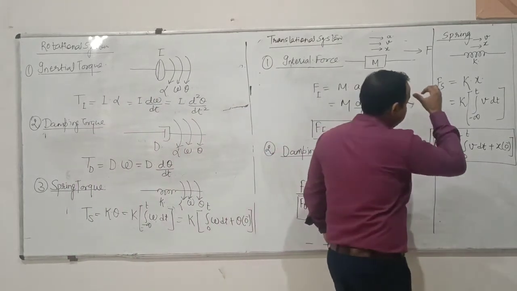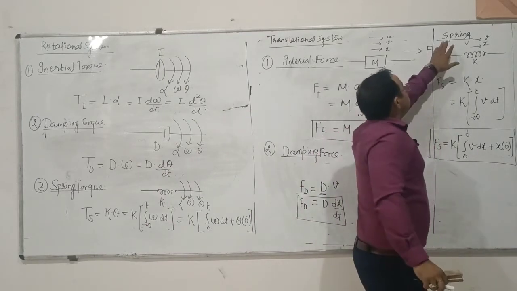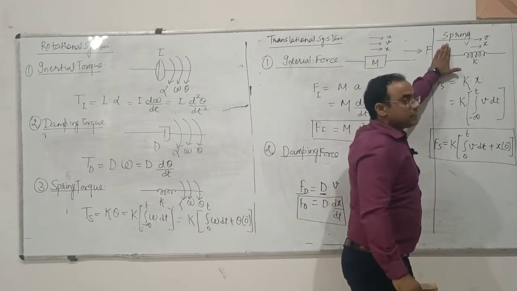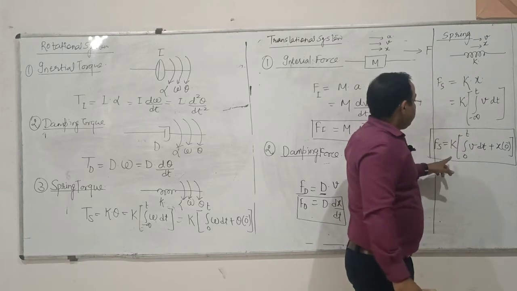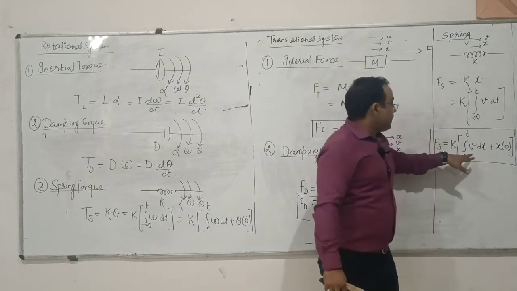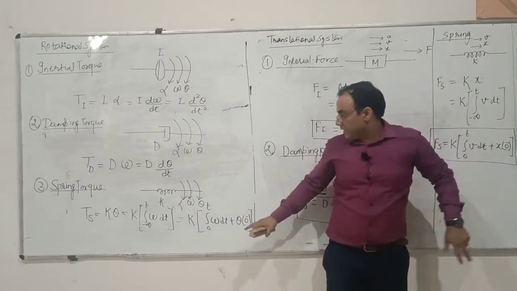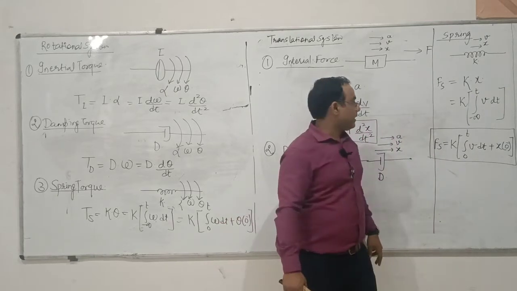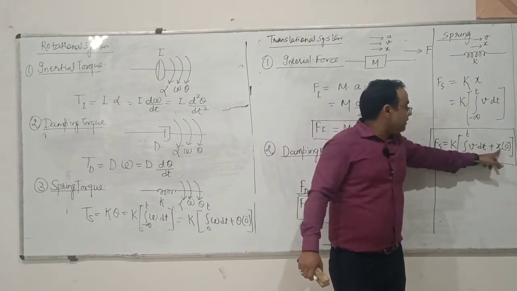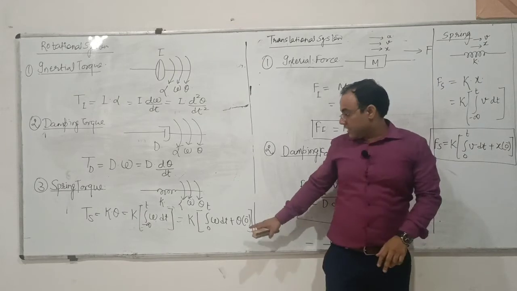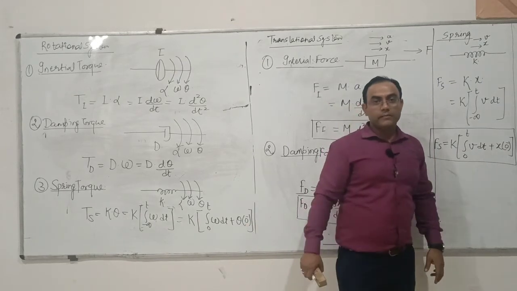Like we have already discussed in the case of translational system, in a spring case, spring force, the linear velocity is replaced with angular velocity, whereas linear displacement is replaced with angular displacement.